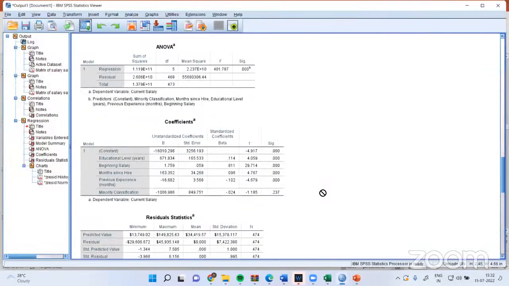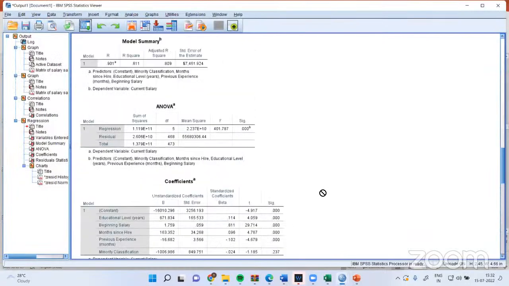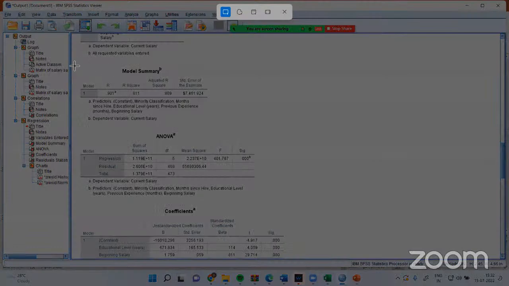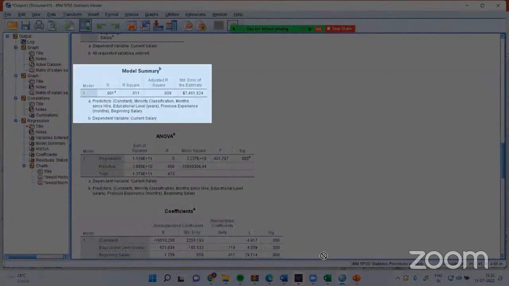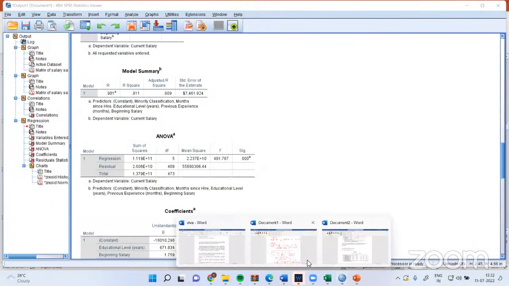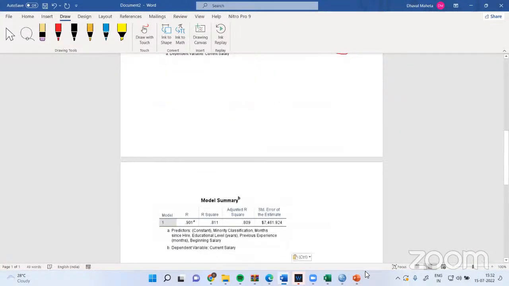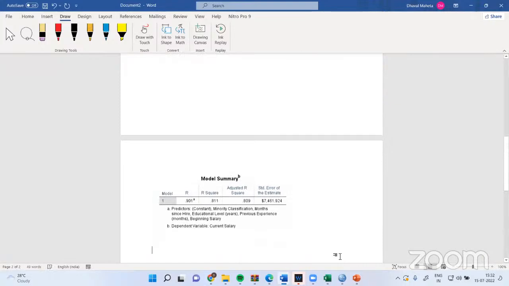Okay. Now see the R square. This is the R square. So the explanatory power of the model is 0.8111, which is 81.1%.